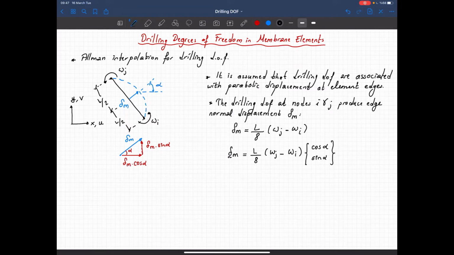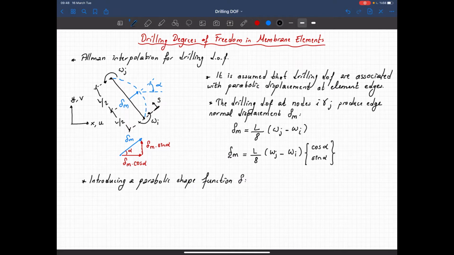Now let's introduce a coordinate axis, let's say that's s, and introduce a parabolic shape function for the edge displacement delta.